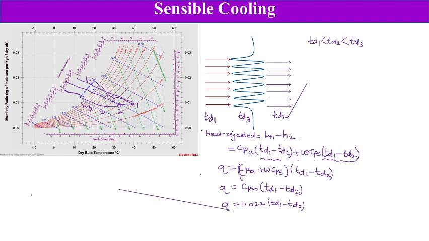So we can write here as where CPM is equal to CPA plus of omega CPS, and which is known as humid specific heat.